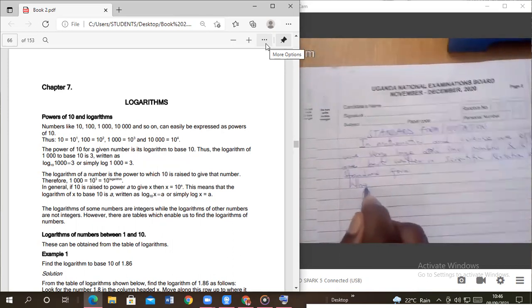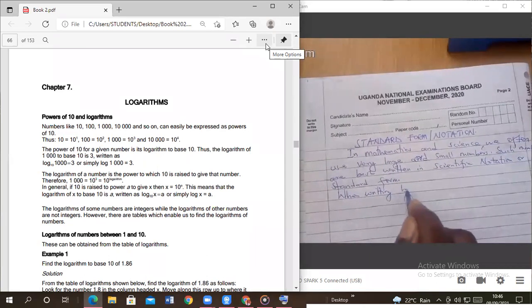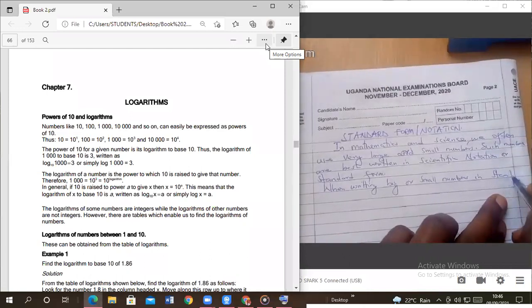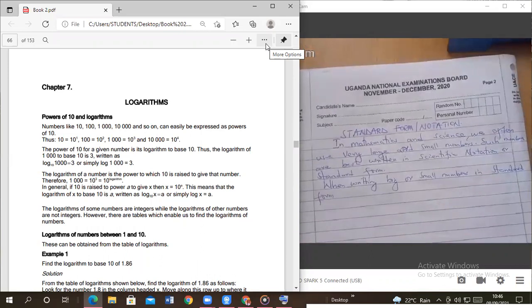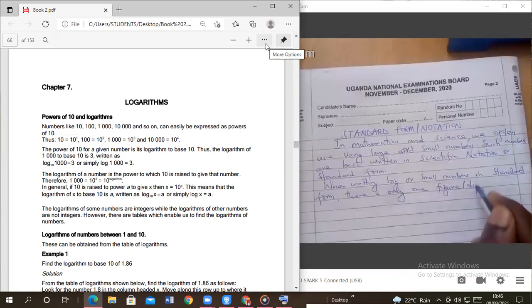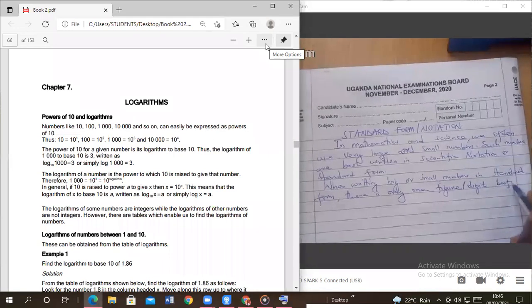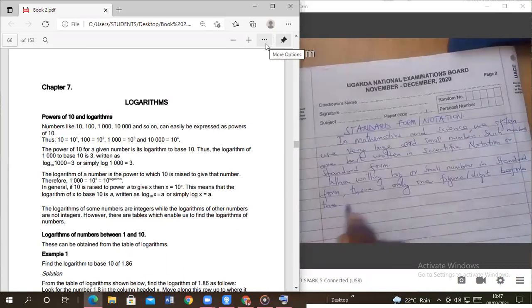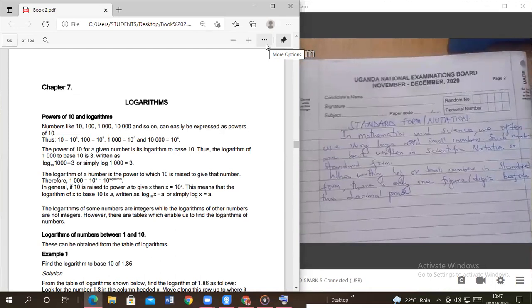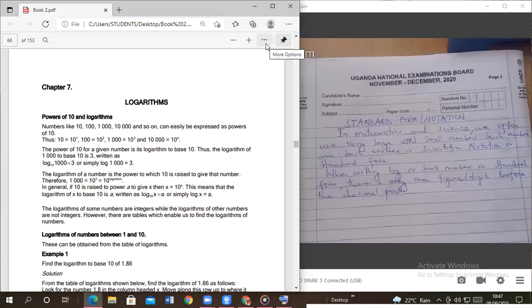So when writing big or small numbers in standard form, there is only one figure or digit before the decimal point.